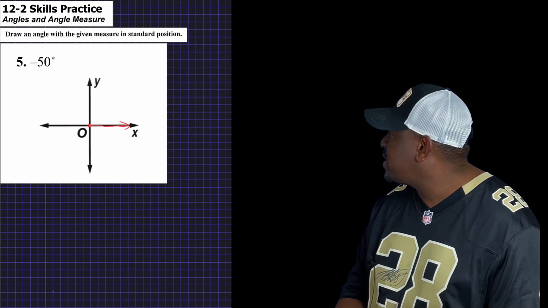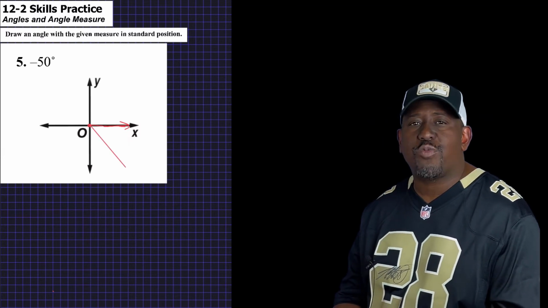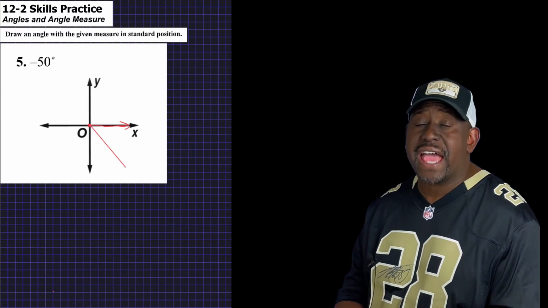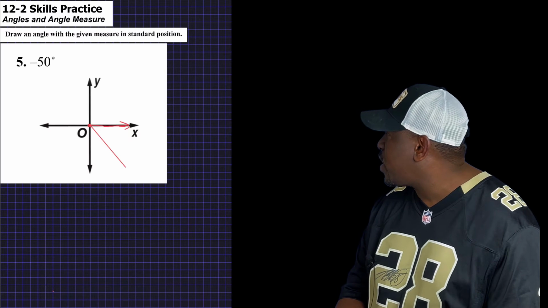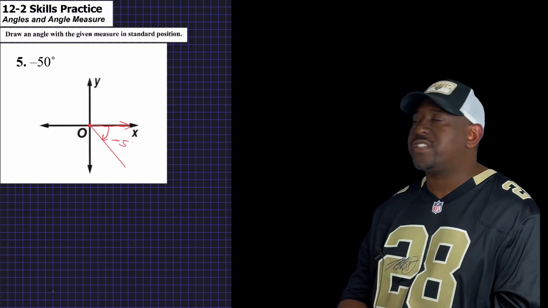We have negative 50 degrees here. Okay, so it took him a while to use the protractor, and he wanted to draw, as you can see, a very accurate line. He probably used a good protractor there. And you see it goes in the clockwise direction.